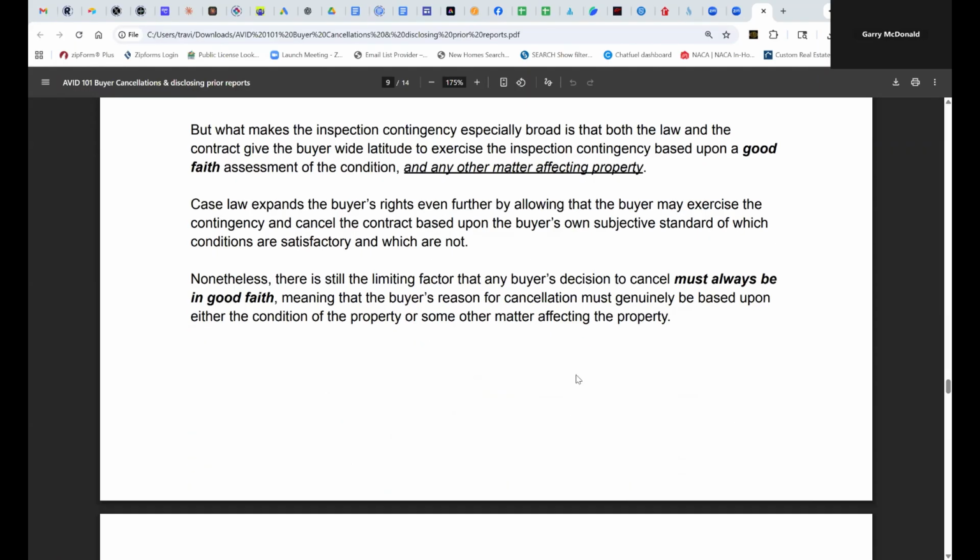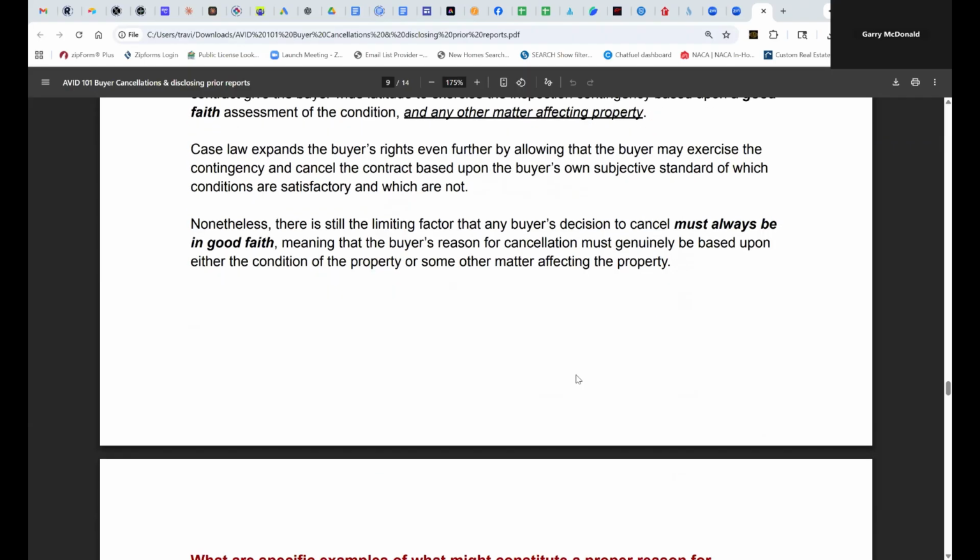Nonetheless, there is still a limiting factor: any buyer's decision to cancel must always be in good faith, meaning that the buyer's reason for cancellation must generally be based upon either a condition of the property or some other matter affecting the property. This can also be a nuisance in the neighborhood.